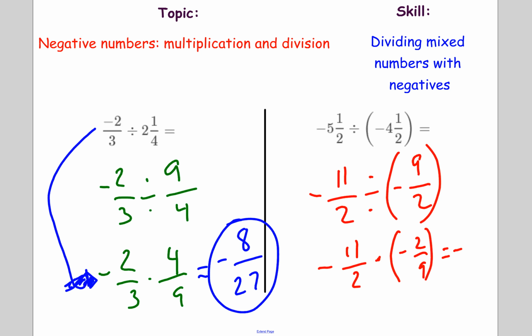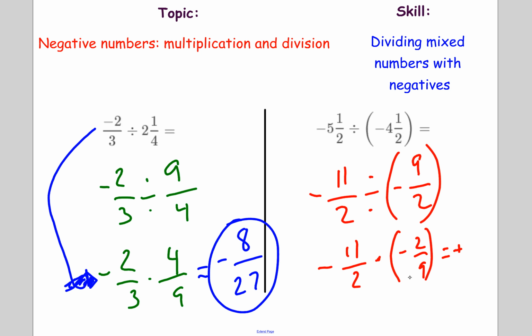All right. Now I have a negative times a negative is going to give me a negative answer. Can I simplify anything? Let's see. 11 and 2, nope. 11 and 9, nope. 2 and 2, yes. Oh, I already noticed a mistake, guys. A negative times a negative is going to be a positive answer. Sorry about that. All right, now back to what we were doing.